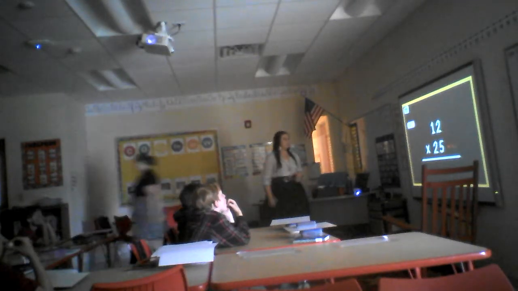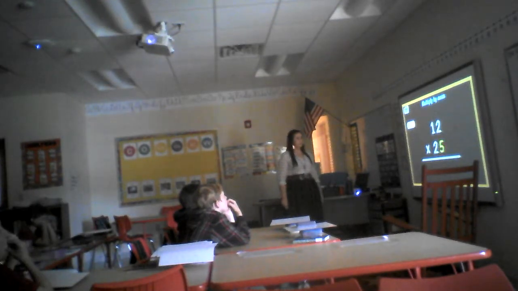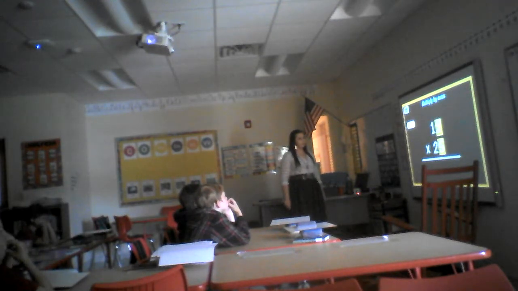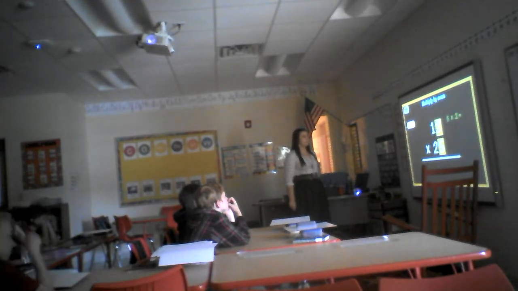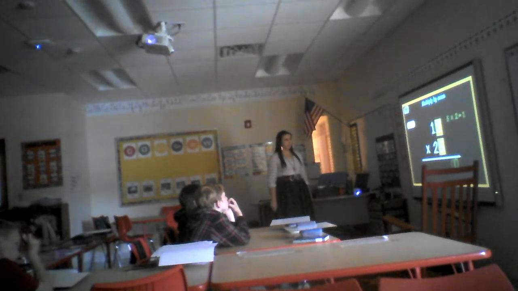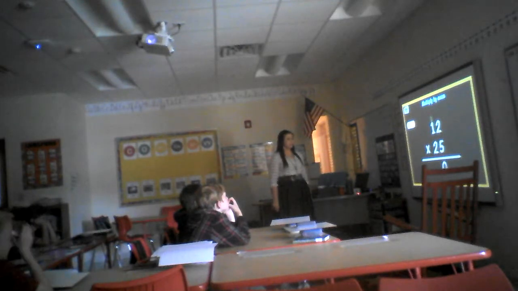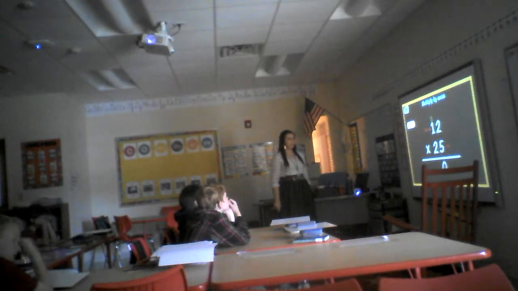Step 1. Multiply by ones. First, multiply 5 by 2. We get 10. Put down the 0 and carry the 1. Now, multiply the tens digit of the top number with the ones on the bottom number.